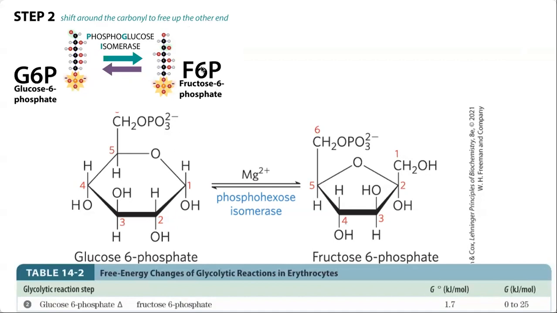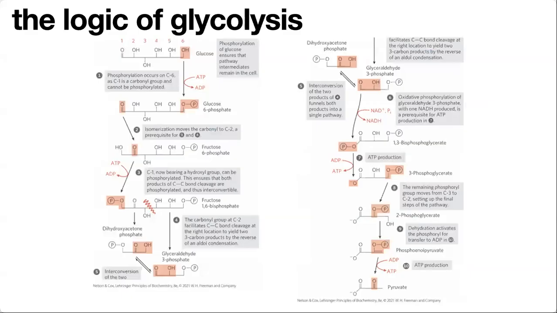And we'll see later how this F6P can be further phosphorylated to give us F26BP, which is going to be an allosteric modulator. But for now, just focus on the fact that we're taking glucose-6-phosphate and making fructose-6-phosphate, which just involves shifting of this carbonyl group. You might be wondering, why are we doing that?